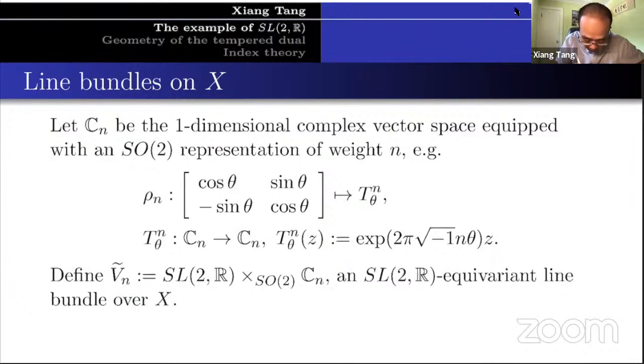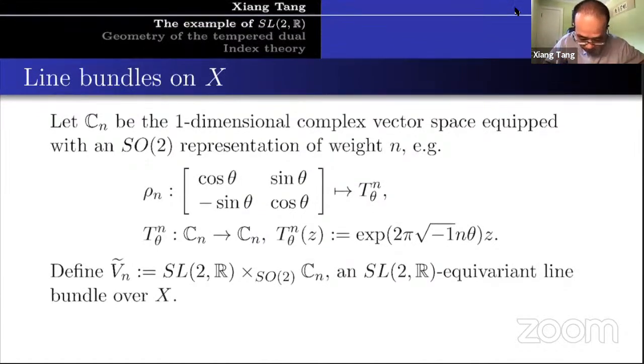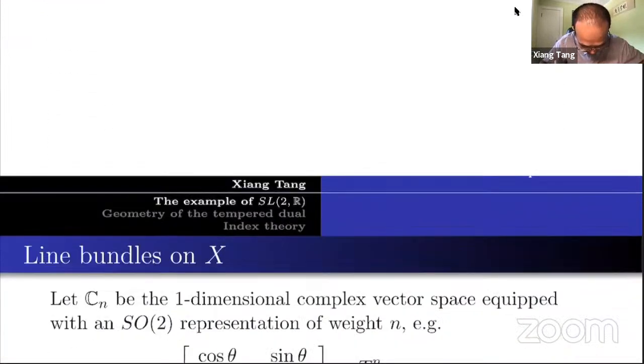SO(2) acts on Cn, also acts on SL2 as we had originally. Now this one is a bundle over our X. This is a complex line bundle, actually a holomorphic line bundle. So now what we can do is extend the Tbar operator we had to forms with coefficients.